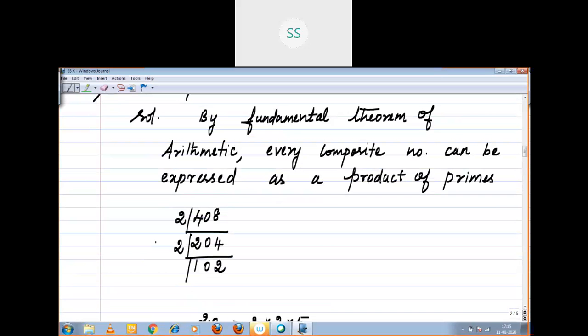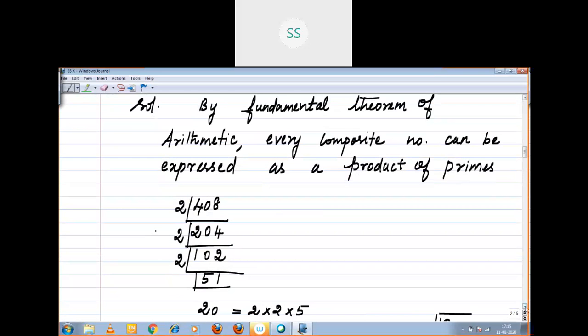Now you see 102. It is divisible by 2: 51. The sum of the digits is what? 6. It is a multiple of 3. Right, children? One minute.